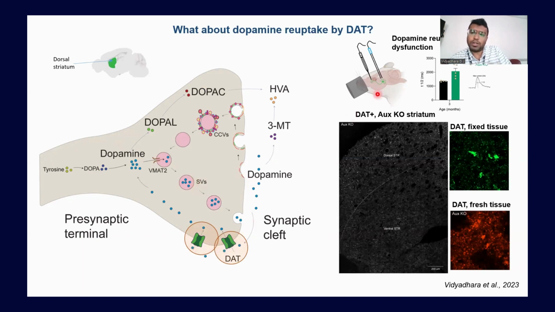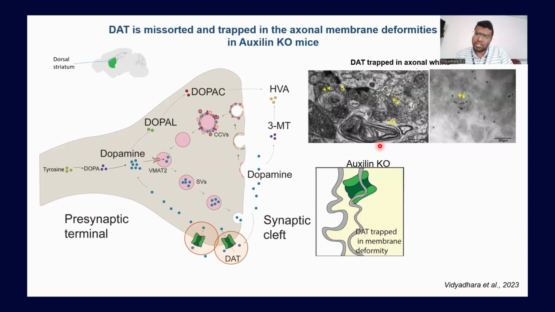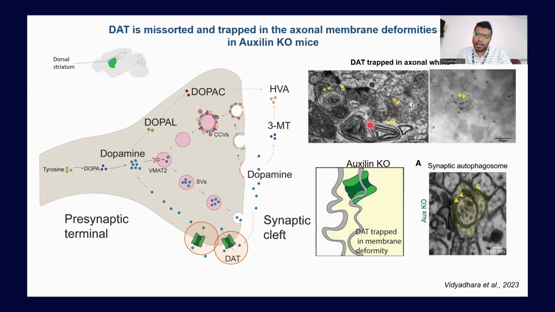Surprisingly, we also saw dopamine reuptake deficits, and we did some histology and saw large DAT-positive structures in the dorsal striatum. We went into ultrastructural analysis, and we saw that these are actually dopaminergic terminal deformities where DAT is being stuck. So somehow axons make these weird wheel-like structures. It would be very interesting to know why those structures are coming in. Our early study shows that it might be due to synaptic autophagy overload.